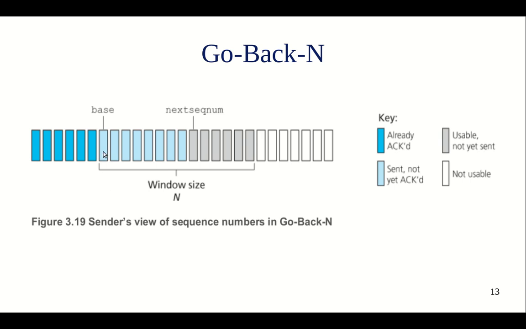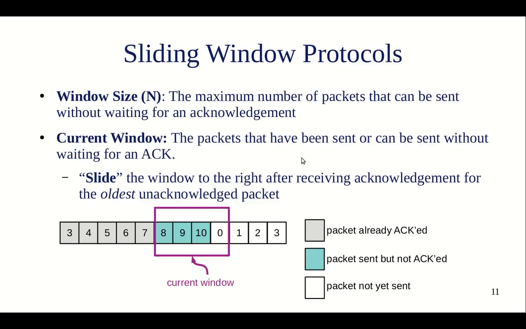The sender also needs to store copies of all these packets, because if a timeout occurs, then all these packets are retransmitted. So the sender needs to store a copy of the packets which have not yet been acknowledged. And suppose an acknowledgement arrives for this packet, then the whole window shifts right by one position, right? So that is the behavior of the go back N protocol.